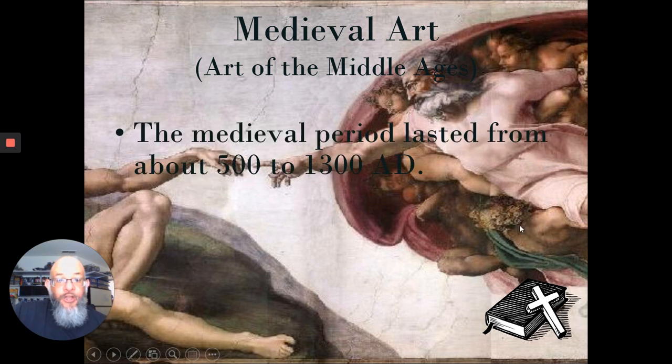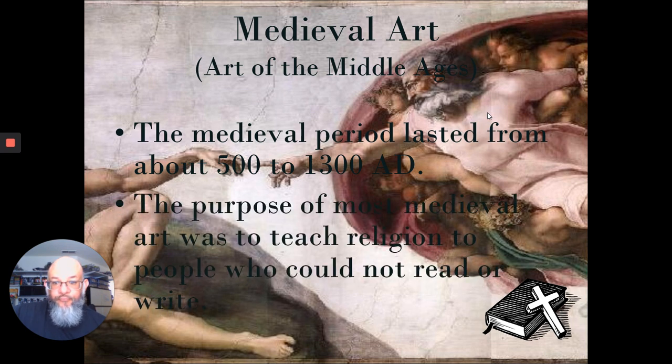The medieval period lasted from 500 to 1300 AD. We learned that's how long the medieval period was, and we learned all the items related to that, so I'm not going to belabor the point. The purpose of most medieval art was to teach religion to people who could not read or write.